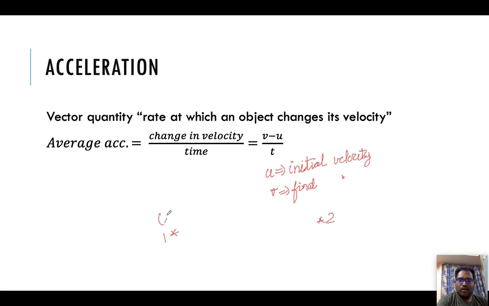Point 1 is where we are going to start and point 2 is where we are going to end. Let me say it is going to move in a straight line. The starting point has a velocity u, and this is the ending point or the final point which has a velocity v, and the acceleration is your final velocity minus initial velocity divided by the time taken to reach from point 1 till point 2.